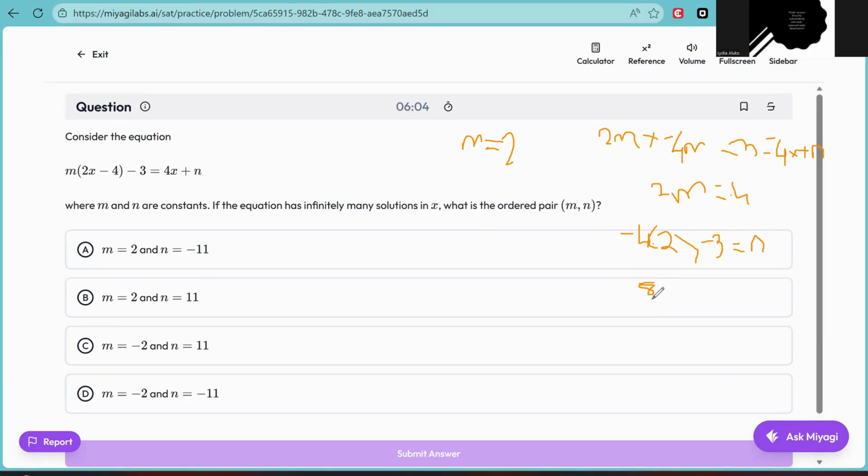Oh, negative 8 minus 3 equals n. And that would give us negative 11. So I think it's 2, negative 11. We're going to see if that's correct, because my last answer was 2, negative 8.